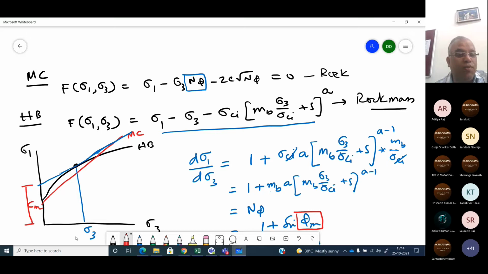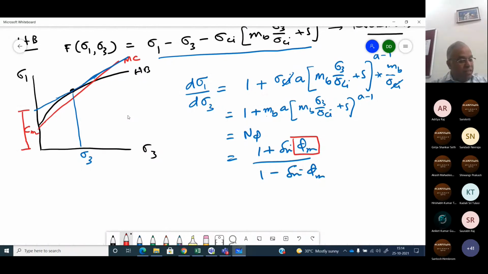If I put sigma 3 as 0, then this n phi becomes this value, 1 plus a mb. Then I will be able to find out sigma cm from this. So let me give you the formula.